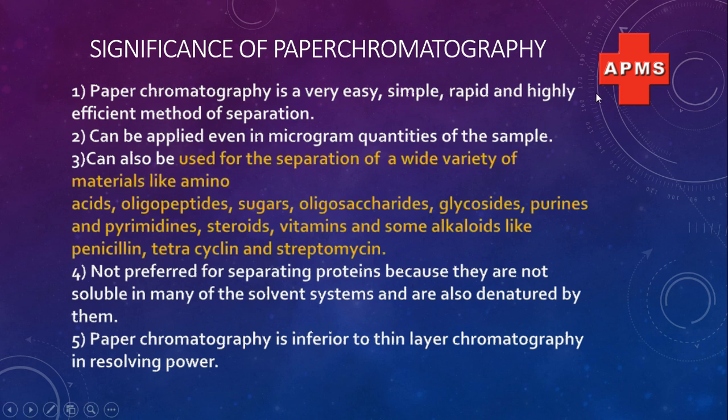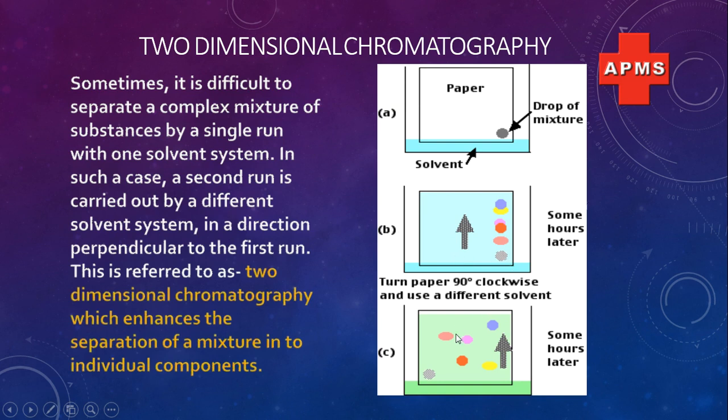It can also be used to teach students very easily what the chromatography technique is. It can be applied even to microgram quantities of the sample. If our sample contains a very low quantity, in micrograms, we just have to apply a single spot on this paper.